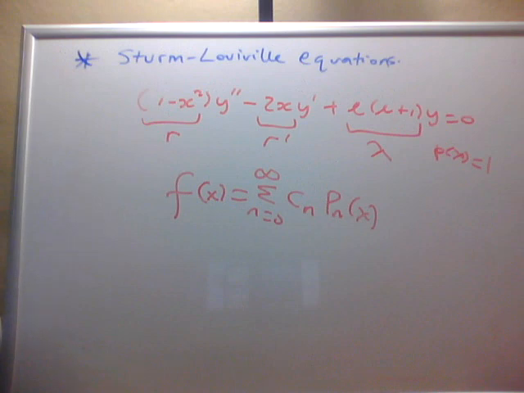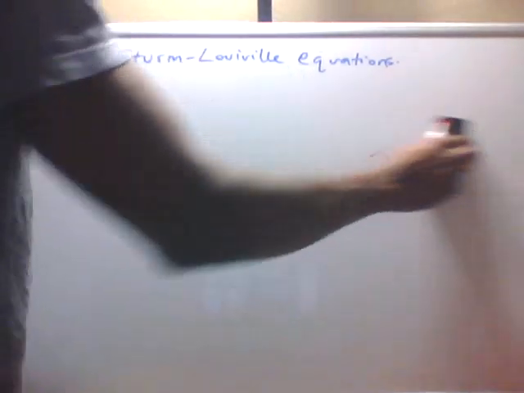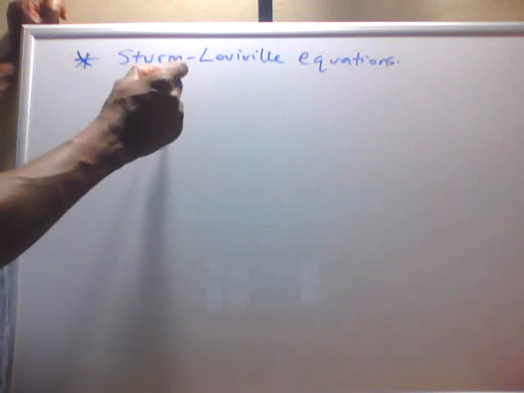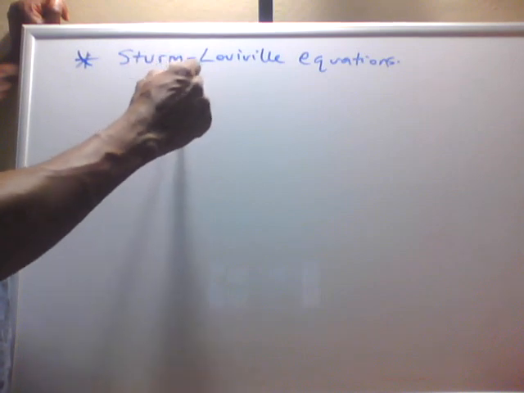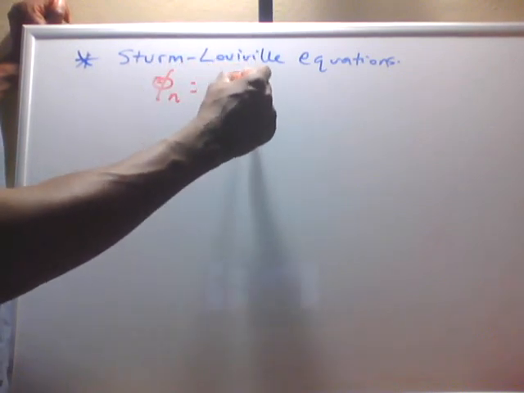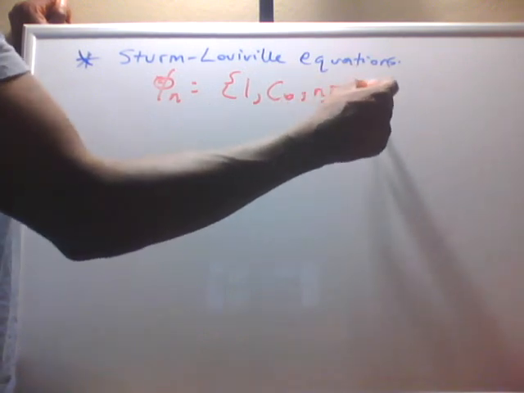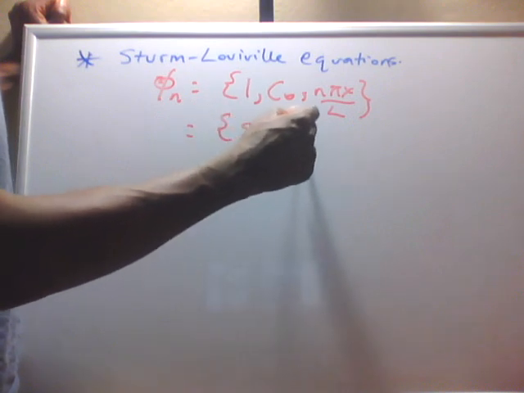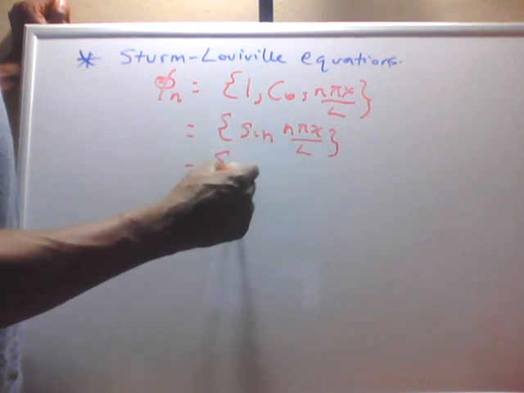Okay. So this is an interesting thing we're getting to see here now. Not only can we expand in terms of sines and cosines, right? We can do expansions in terms of sines. So phi n could be what we saw for Fourier cosine series. It could be what we saw for Fourier sine series. It could be what we saw for the combined series.